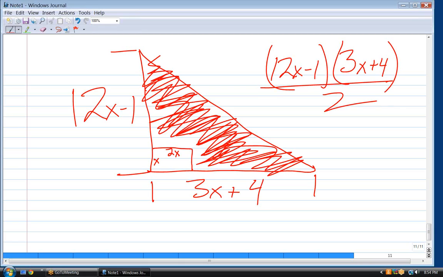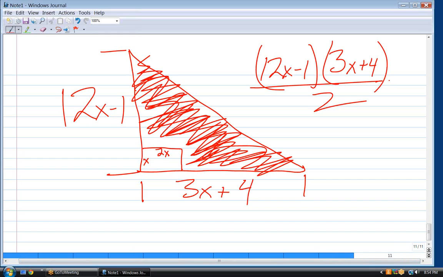That's the area of the full triangle, right? Right. Okay, the shaded area has to have what subtracted from it? Oh, the 2x times x, which is 2x squared. So there's your shaded area. Now we just have to simplify. Okay?